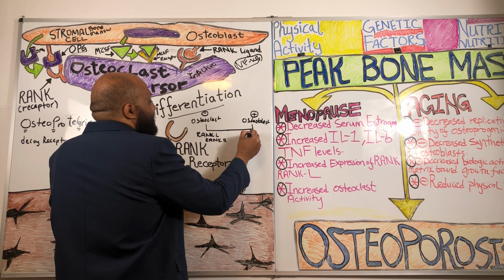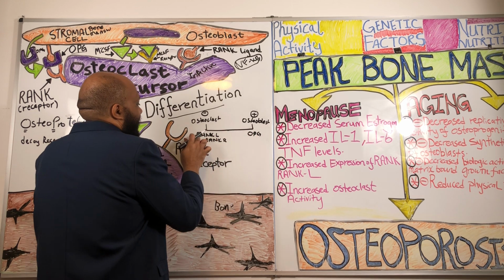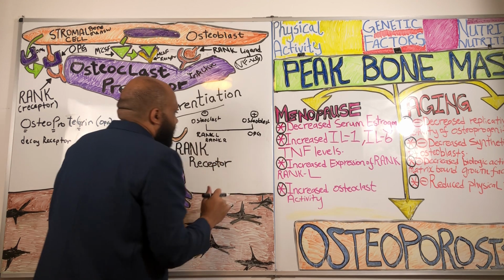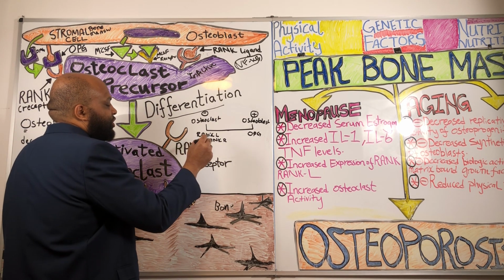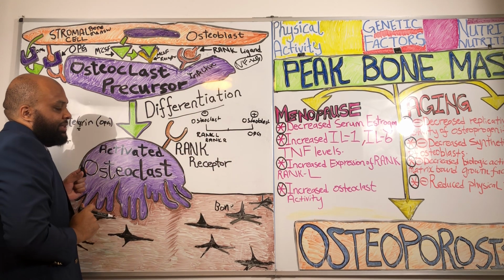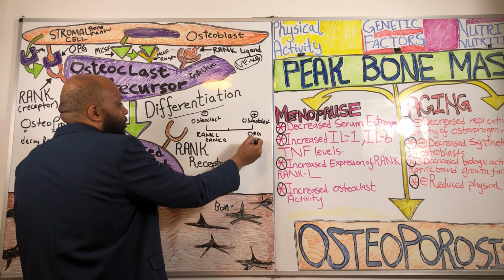But when you have excessive OPG, osteoprotegerin, you would block the binding of the RANK ligand to the RANK receptor, and then you would have bone buildup. So when we want to treat osteoporosis, what should we tip? Should we tip the scale to the OPG side or the RANK ligand, RANK receptor binding side? Obviously, we need to activate more OPG.